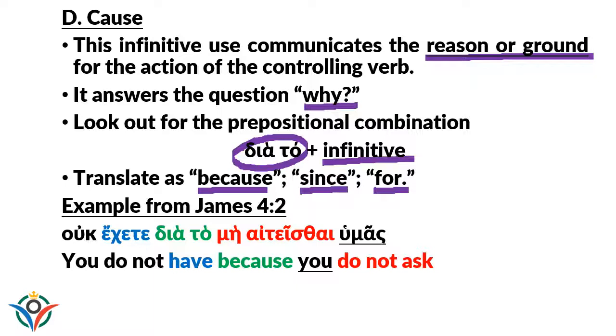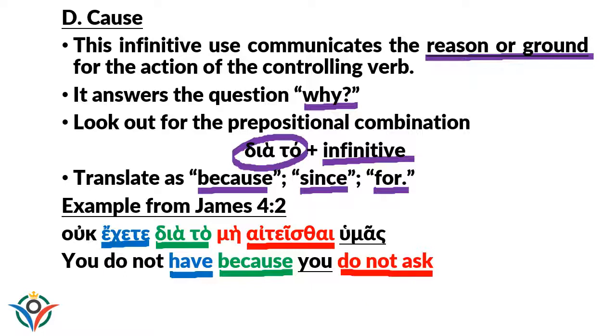Here's an example from James 4 verse 2. The Greek reads, ouk echete dia to mē aiteisthai humas. You do not have because you do not ask. The main or controlling verb in this sentence is echete, which we translated as have. Then you see the prepositional combination, dia to, plus the infinitive aiteisthai, which we've translated as because you do not ask.